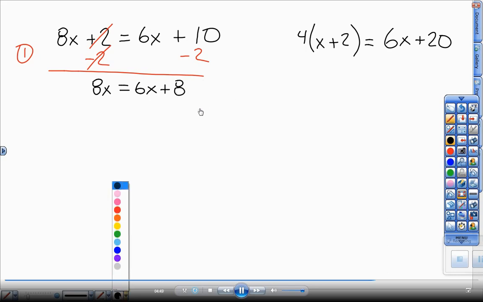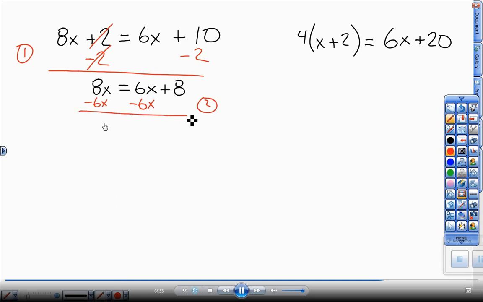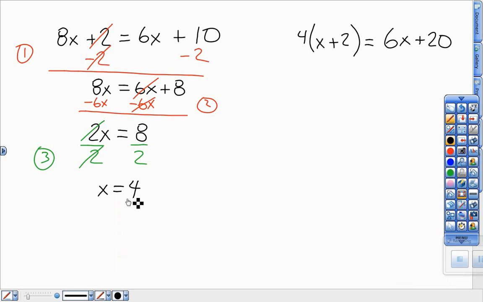I stay on this side and now eliminate the x term. Do the opposite, -6x minus 6x, cancel away. This gives me 2x. Bring down the 8 and the equal. Now my third step, back on the left side, now I'm doing something other than adding, subtracting, I'm dividing. Dividing by 2 gives me x equals 4.